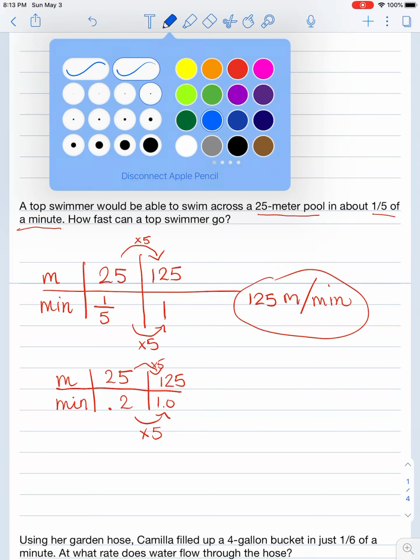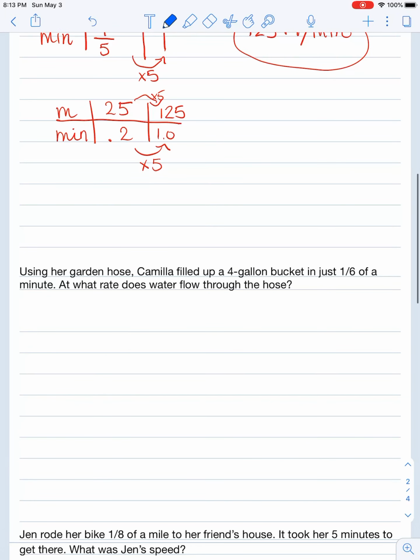All right, let's look at another example. Okay, using her garden hose, Camilla filled up a 4-gallon bucket in just 1/6 of a minute. At what rate does the water flow through the hose? Again, 4 gallons is what we're interested in, and the time is 1/6 of a minute. Okay, now you might want to think about this and use your common sense.